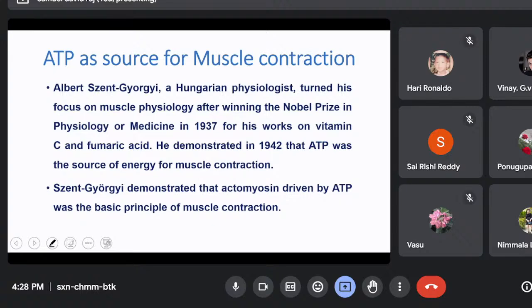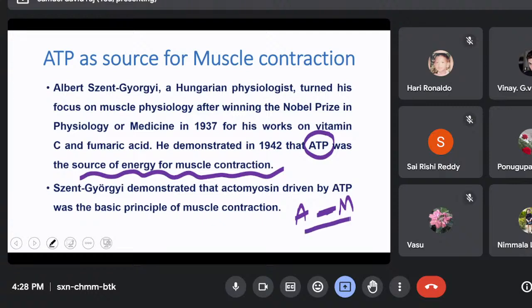In 1942, he demonstrated that ATP was the major source of energy for muscle contraction. That is the path-breaking discovery with respect to muscle contraction. He also demonstrated that actin and myosin are not separate during the process of contraction. They form an actomyosin complex.